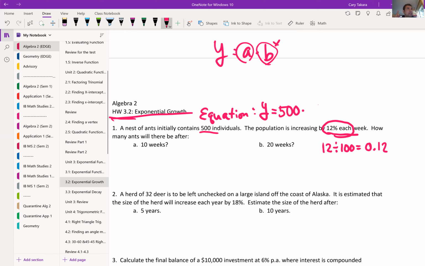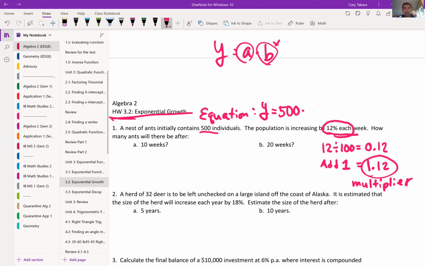You just changed 12% into decimal form, which is 0.12. And then you're going to add 1 in front of it. So it will be 1.12. And that will be the multiplier.